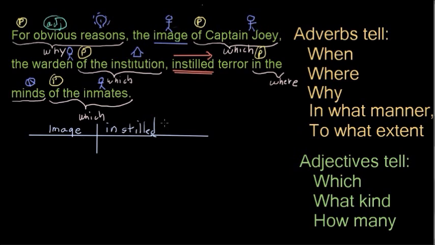And we have a direct object of this verb. What did it instill? It instilled terror. Okay, and obviously I forgot the light bulb that we want to put up here for terror, because terror also is a concept. Plug in there. And that's our direct object.